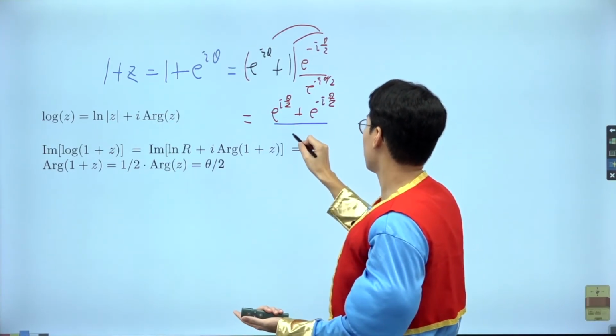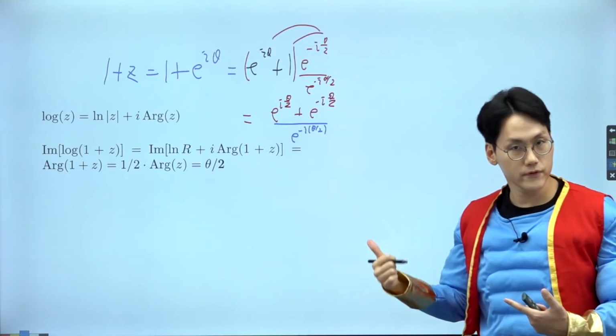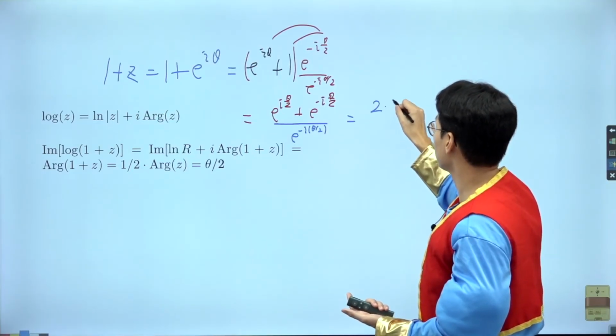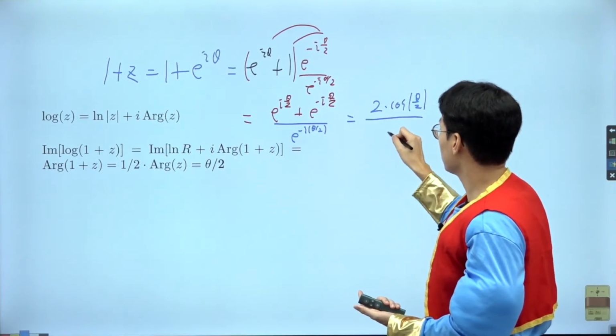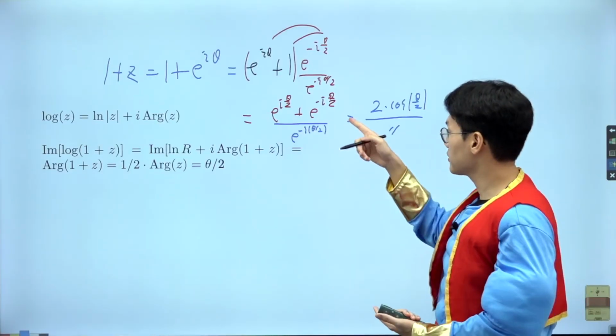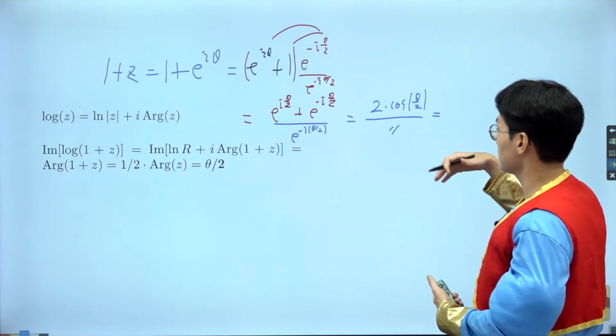And on the denominator, I got e to the power negative i theta over 2. That's wonderful. If you look at the numerator, that's the sum of the complex number and its conjugate, which is going to be twice the cosine of theta over 2. And for the identity that I had for the complex number, it was in the bottom. If I reciprocate, the argument will be multiplied by the negative, becoming a double negative, hence positive.